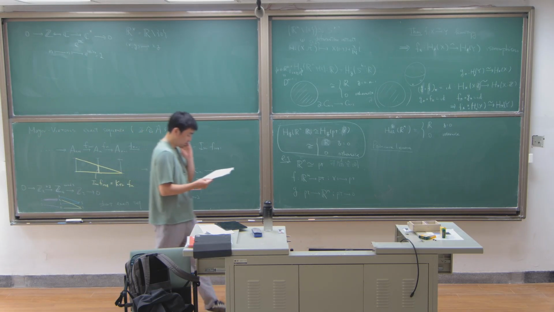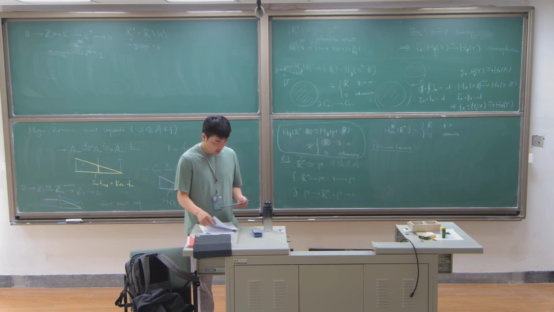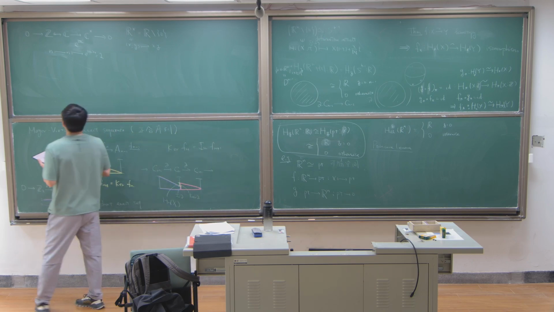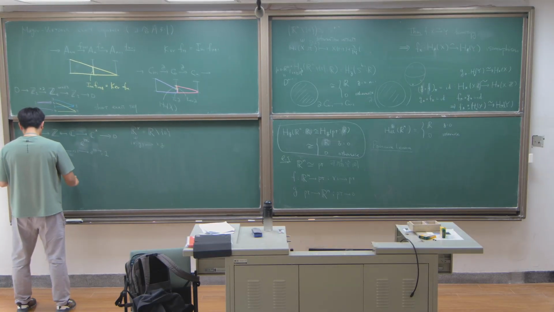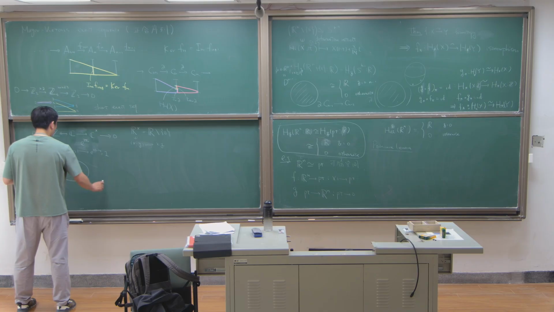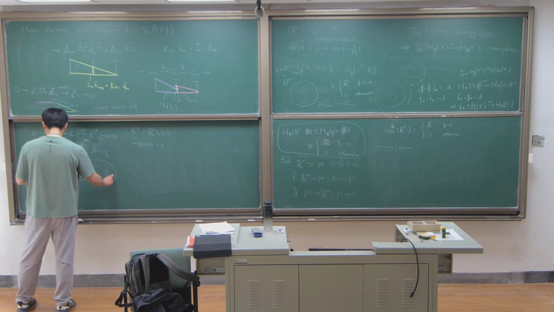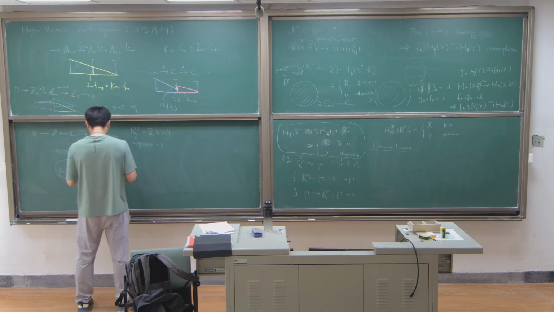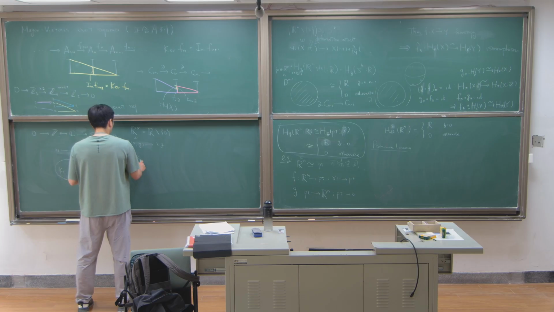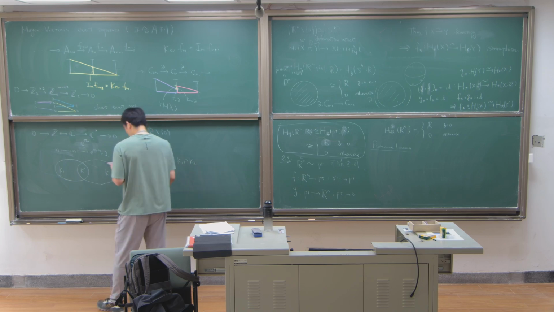Okay, so those are the examples. And then maybe the torus sequence is as follows. K is equal to K1 union K2.